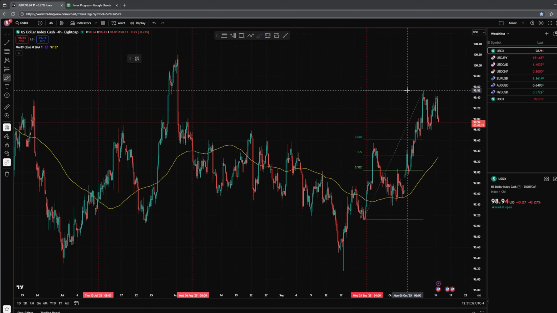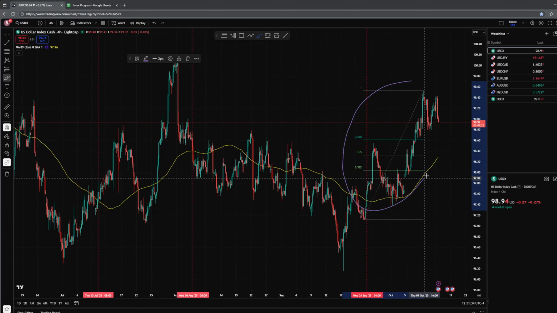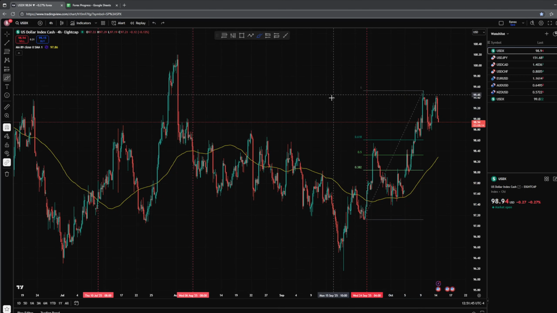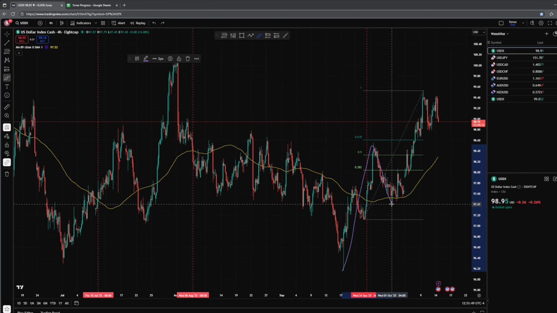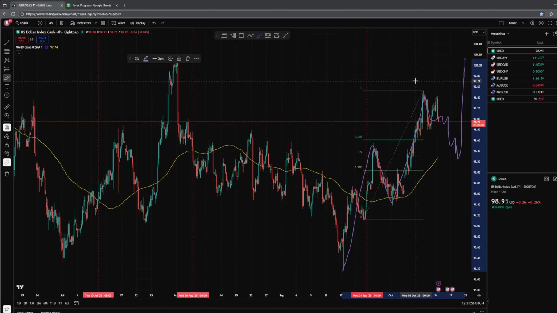So here we have the majority of the candles, the price action, happening above the yellow moving average line, right? So that means the overall trend is up and the market is expected to go up like this. The market seems to be retracing right now and soon it should return into the original trend.